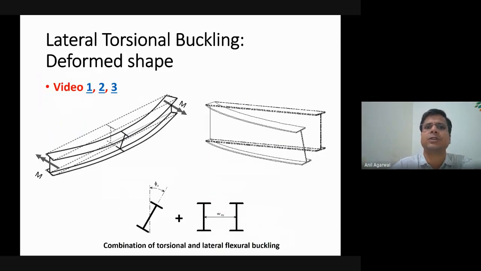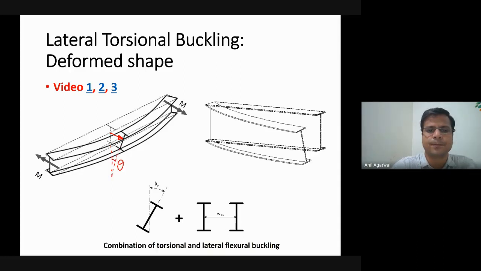We had watched this video yesterday. I'm not going to show that video again, but you might have noticed that the deformed shape was looking somewhat like this. At the ends, it is not moving. It is only twisting at the ends, rotating a little. But in the middle part, you can see that there is a lateral movement, and also there is a rotation.